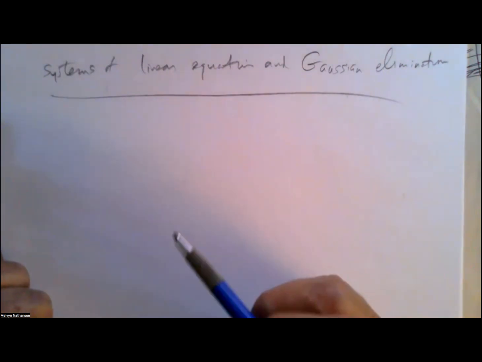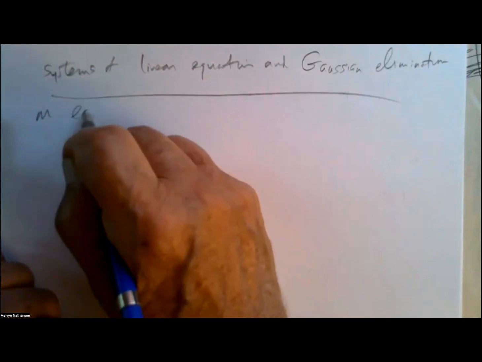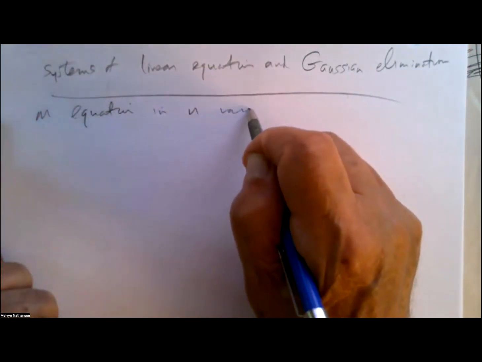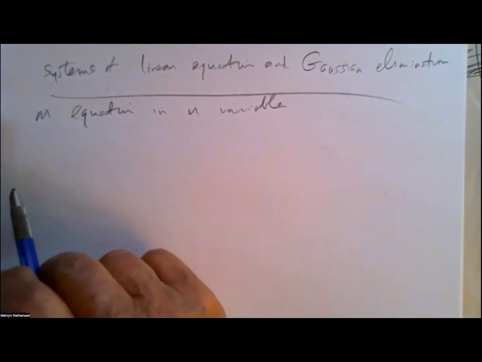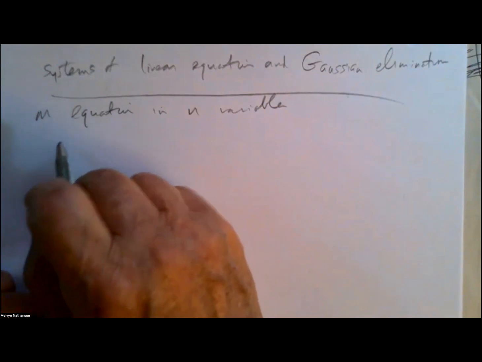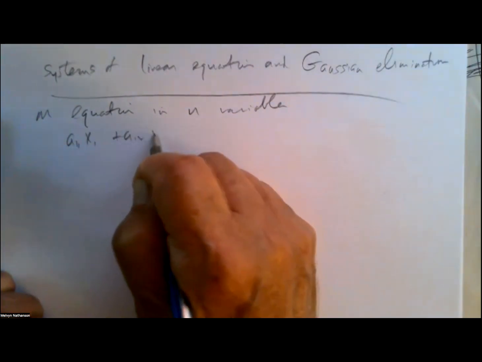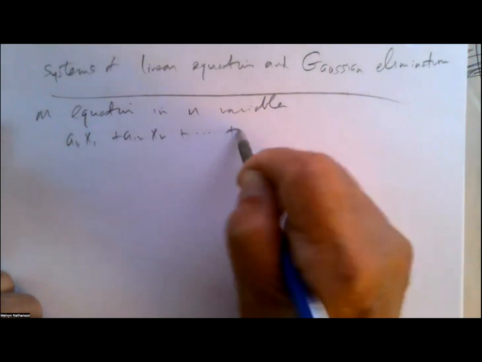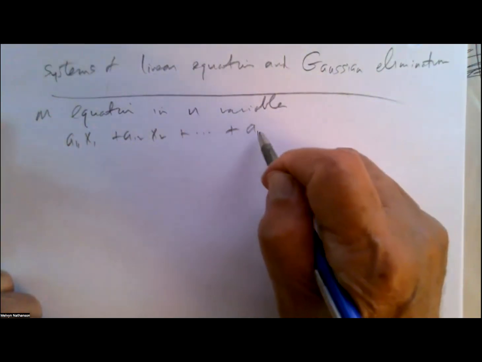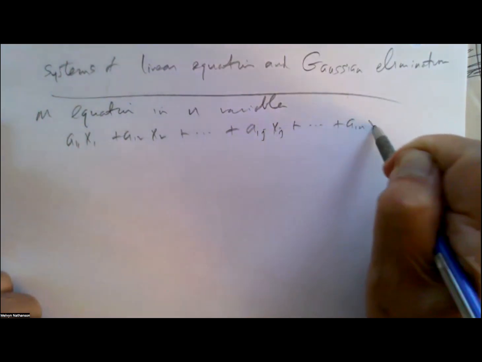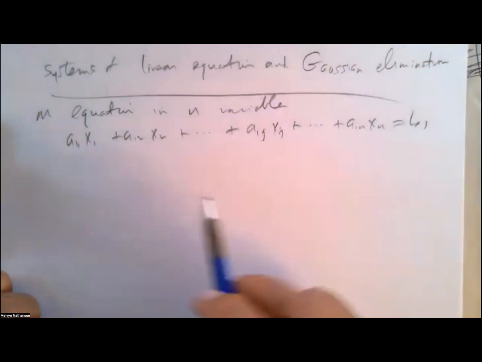Just as in the case of a single linear equation, you might have m equations in n variables. The standard way to write a system like this is: the first equation is a11x1 + a12x2 + ... + a1jxj + ... + a1nxn = b1.